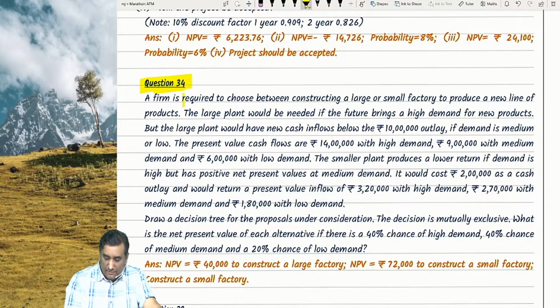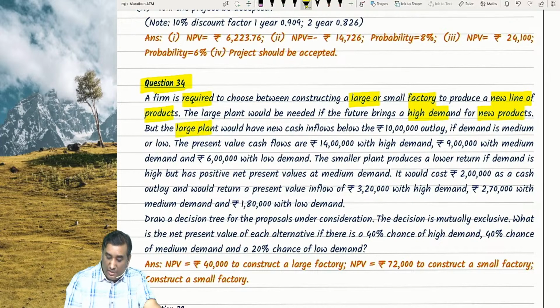A firm is required to choose between constructing a large or a small factory to produce a new line of product. So decision is between large and small. The large plant would be needed if the future brings high demand for new products.